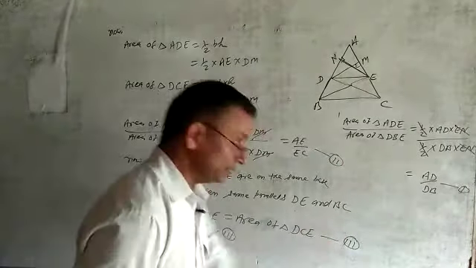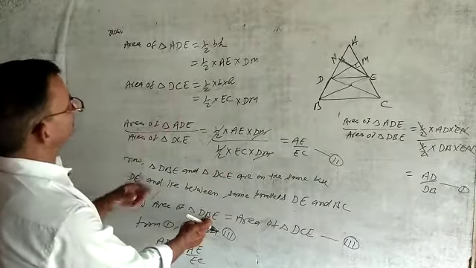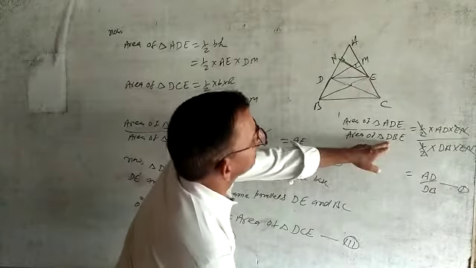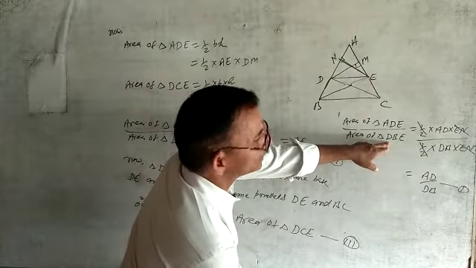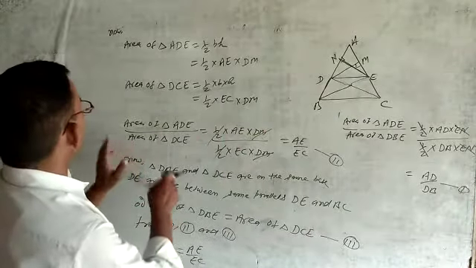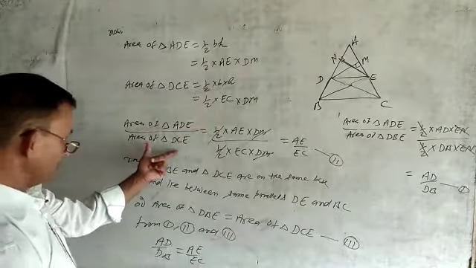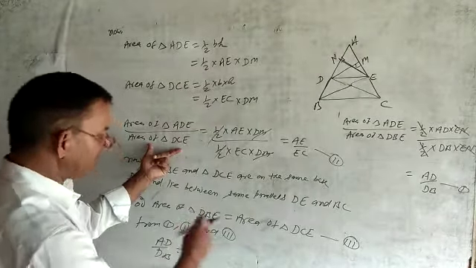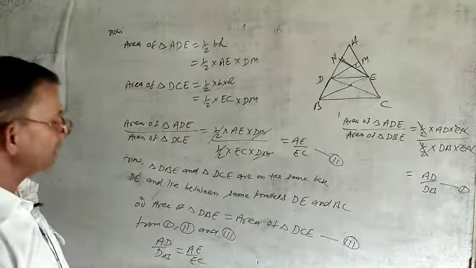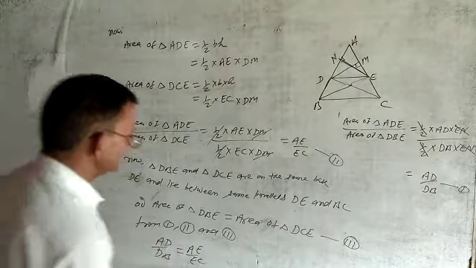But from 3, the area of DBE, the denominator of the first, is equal to the area of DCE, the denominator of the second. So comparing 1, 2 and 3, we see that AD by DB is equal to AE by EC. Proved.